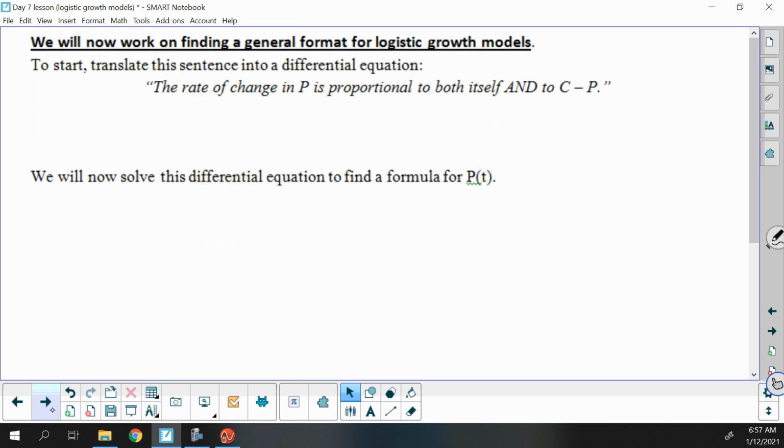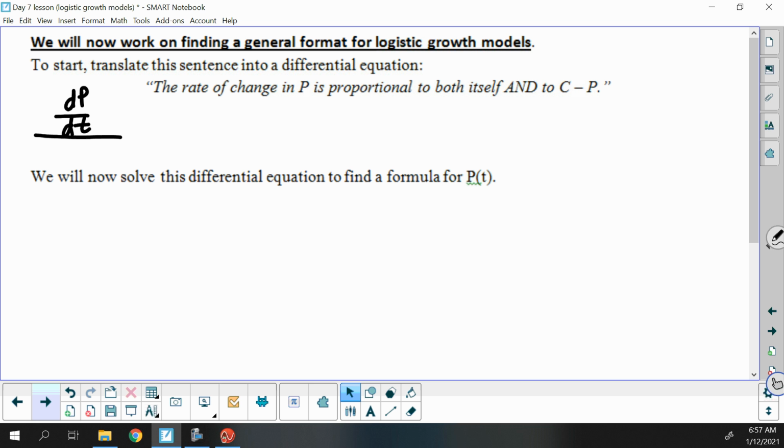All right, so let's say we had the phrase the rate of change in P is proportional to both itself and C minus P. Well, let's start it off with dP over dt.